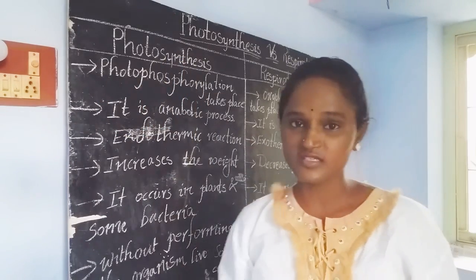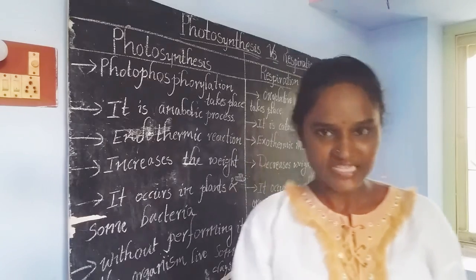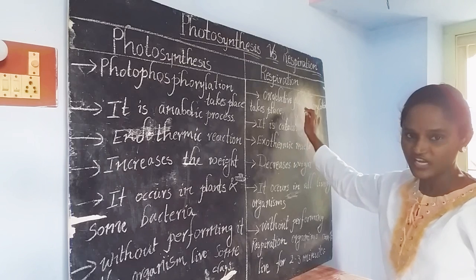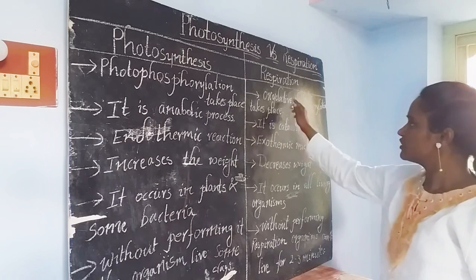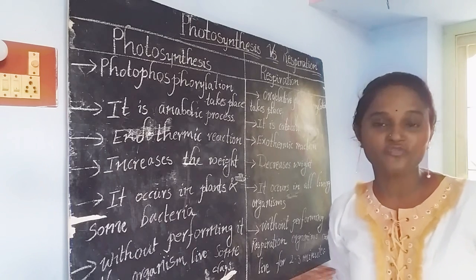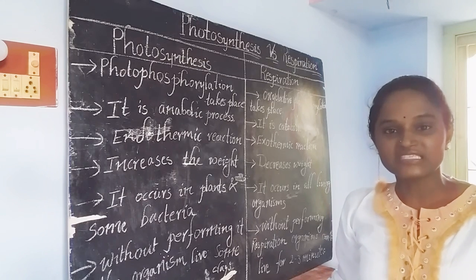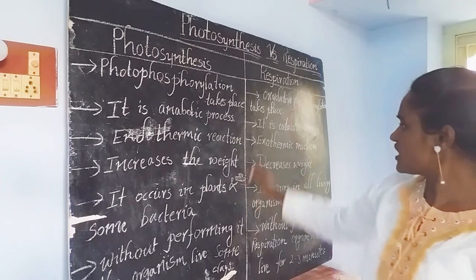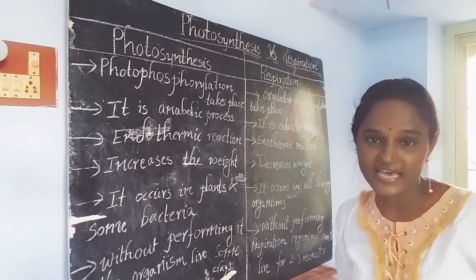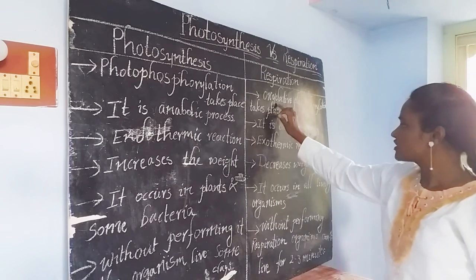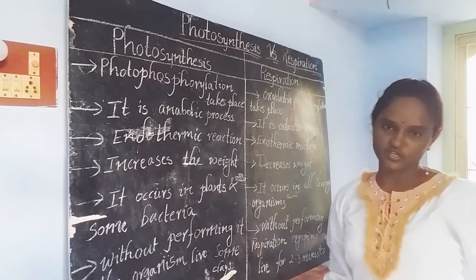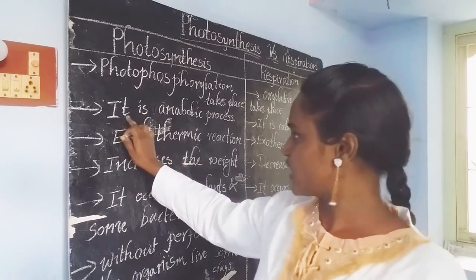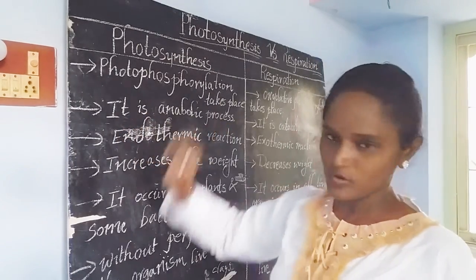In respiration, oxidative phosphorylation takes place, means the formation of ATP takes place by utilizing oxygen. Such kind of phosphorylation is called oxidative phosphorylation.